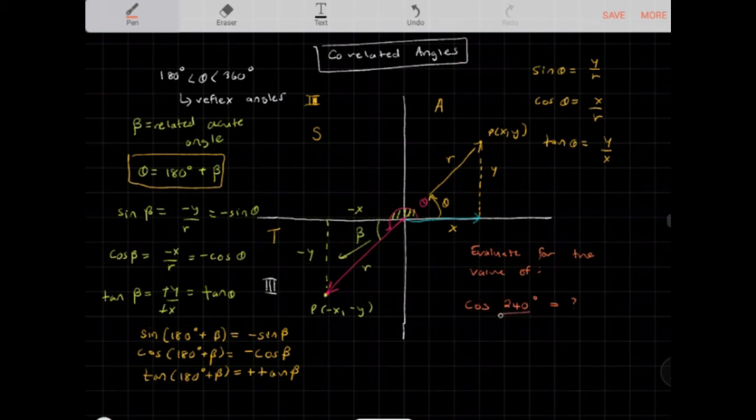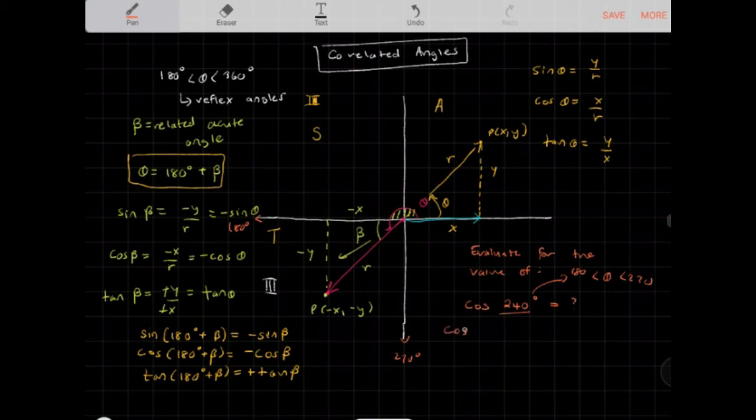Well, what we have to do here is we know that 240 is between 180 and 270, and we understand that the third quadrant is between 180 and 270 degrees, right?